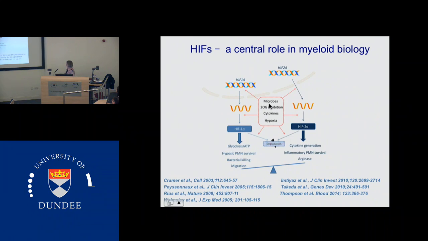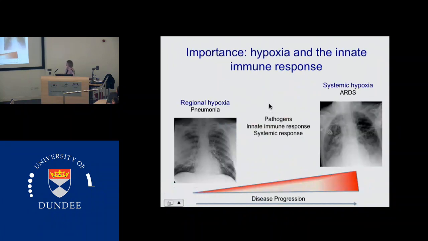So all cells have HIF. The interesting difference with neutrophils, as I've said, is that it's associated with survival. So let's go back to our patient with pneumonia. I've mentioned already that in a patient with pneumonia, the area of consolidation in the lung is going to be hypoxic.